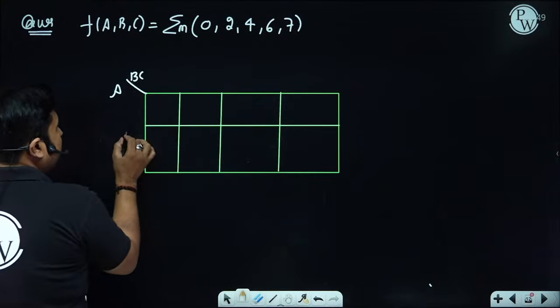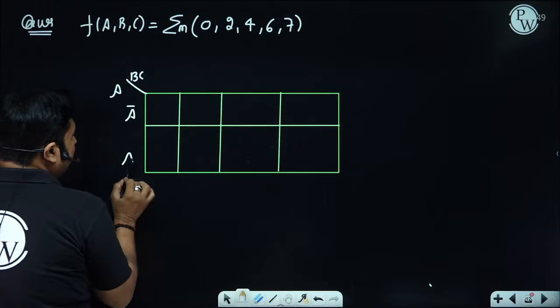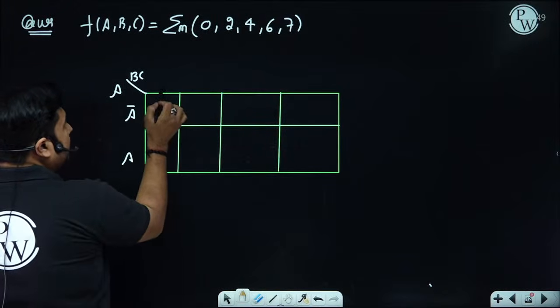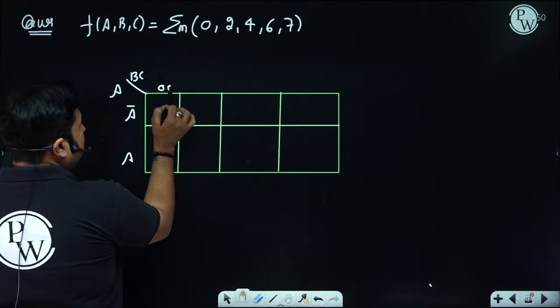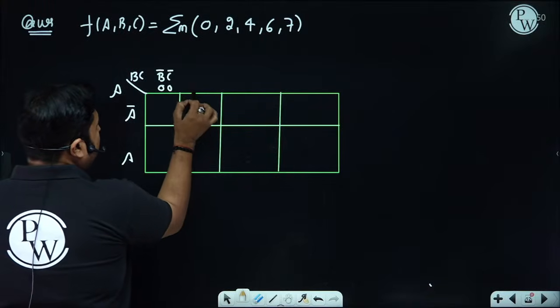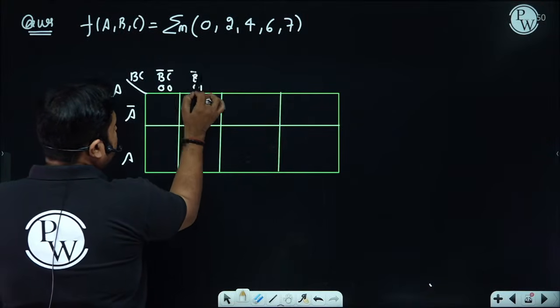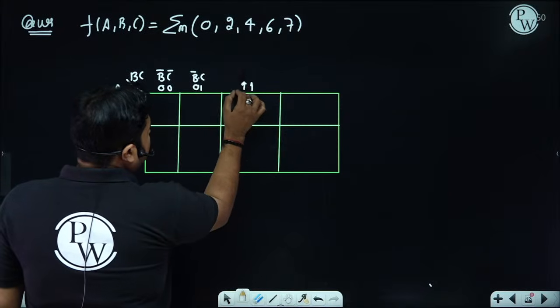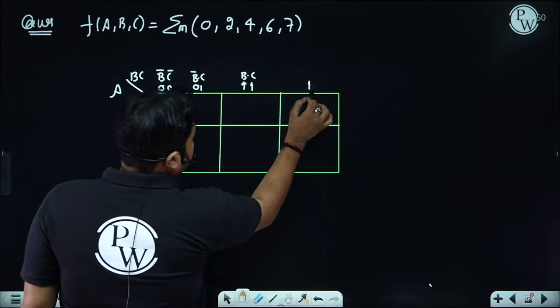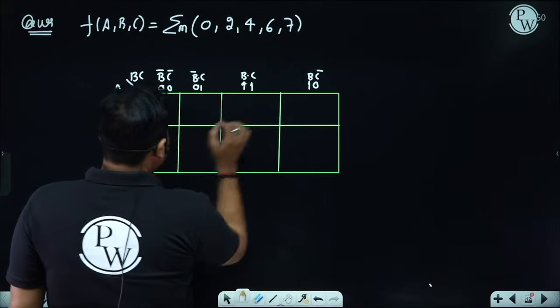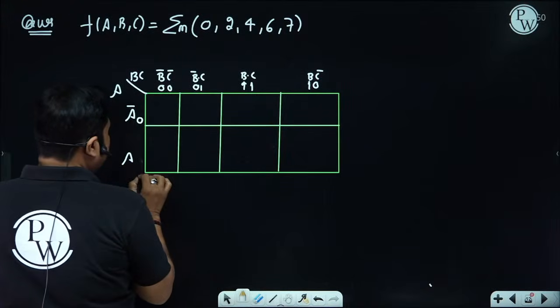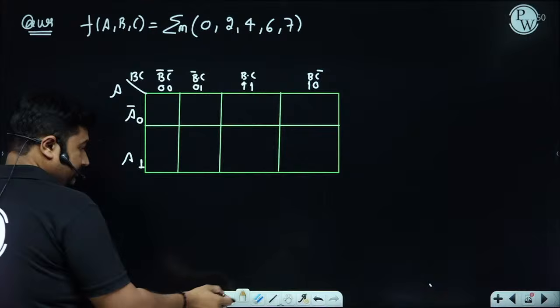Now, please observe here. We have a bar and a because of 0 and 1. Here we have 0 0, which will be represented as b bar c bar, 0 1, b bar c, 1 1, b c, and 1 0, b c bar. 0 is indicated with a bar and 1 is indicated with a.